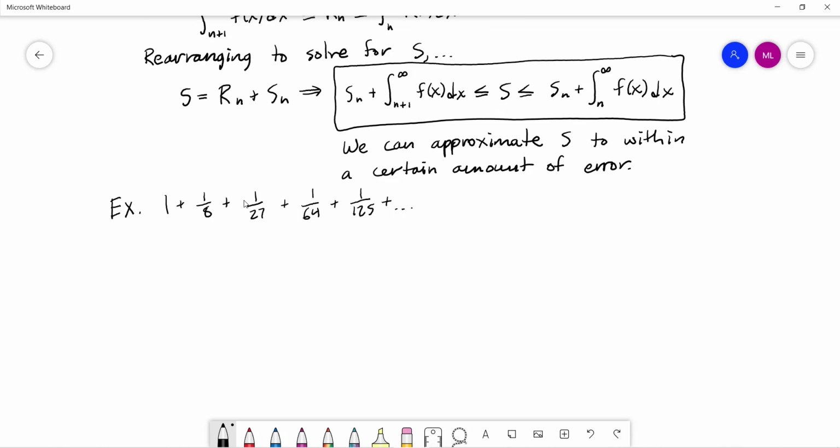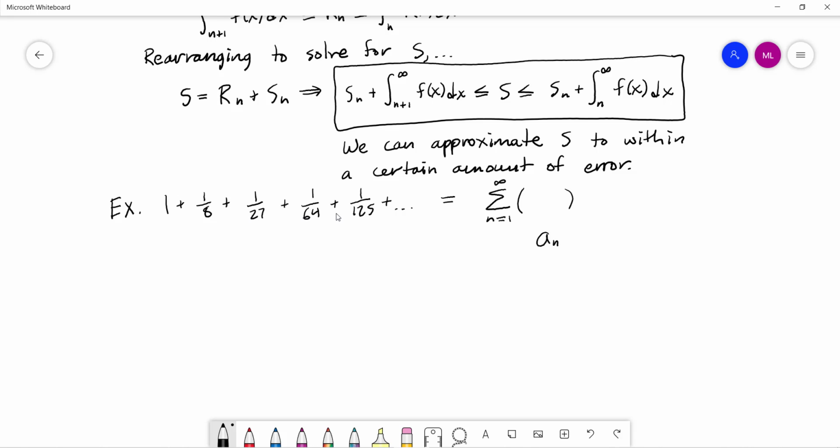I want to rewrite this as a sum of a bunch of terms. So can we figure out a way to put it in the form where we're summing from n equals 1 to infinity of some stuff? What are our a sub n's, the individual terms? We'll notice this first term is just 1. The next one is 1/8, 1/27.